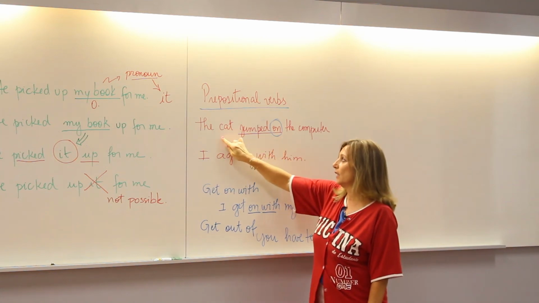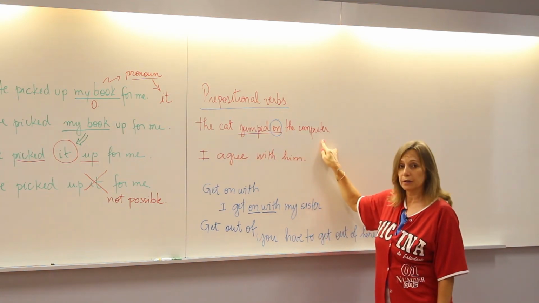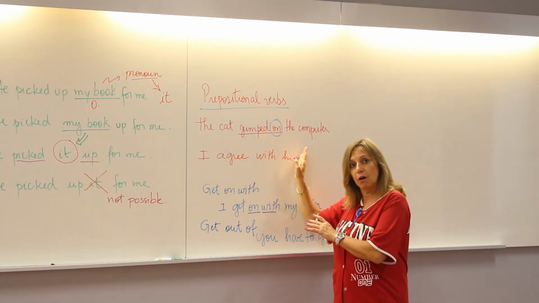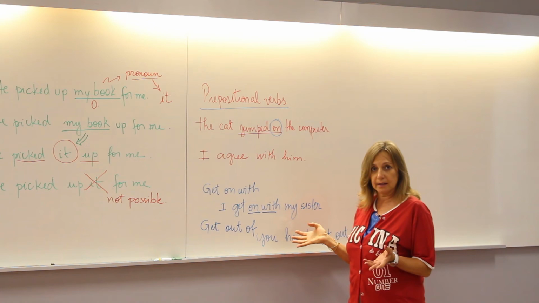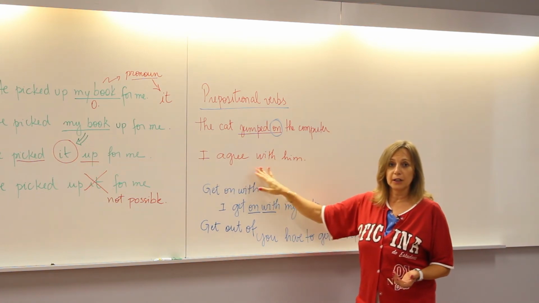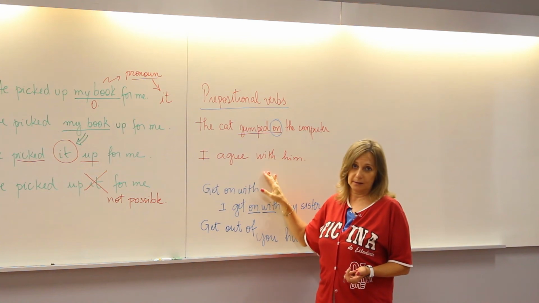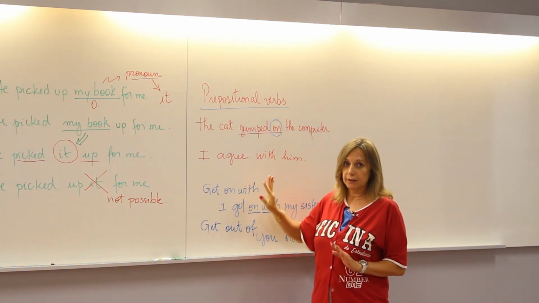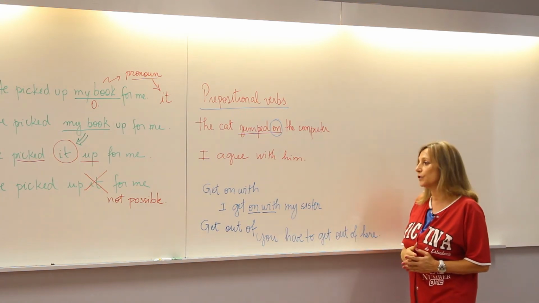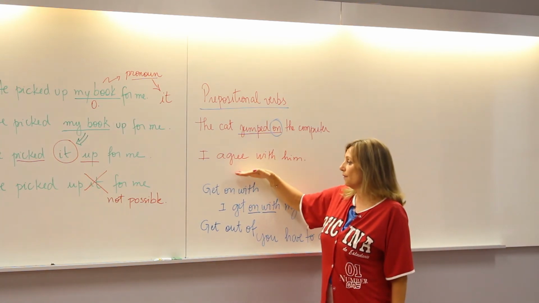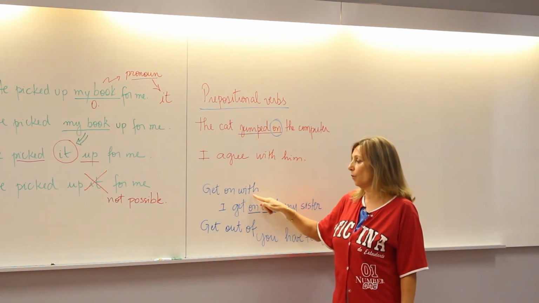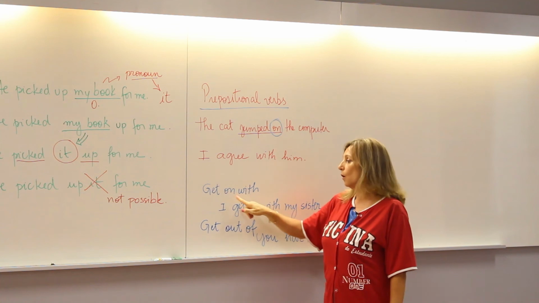I have to say, the cat jumped on the computer, because the cat jumped the computer on doesn't make any sense. Another example is I agree with him. I cannot separate this and put the pronoun in the middle. It's not possible.